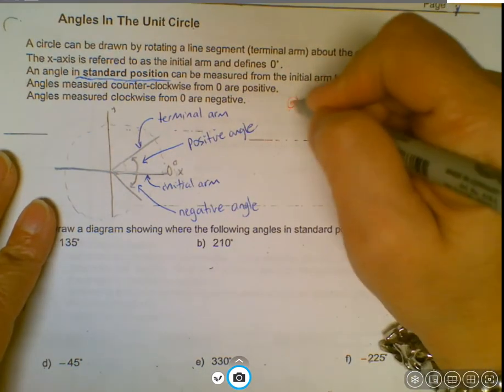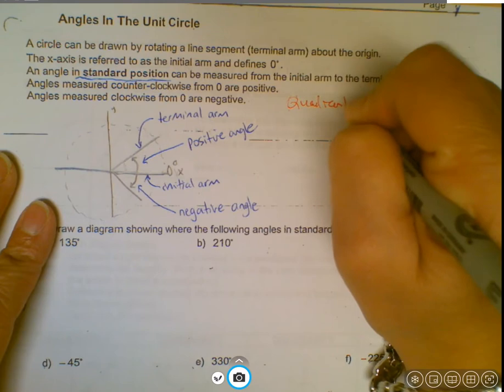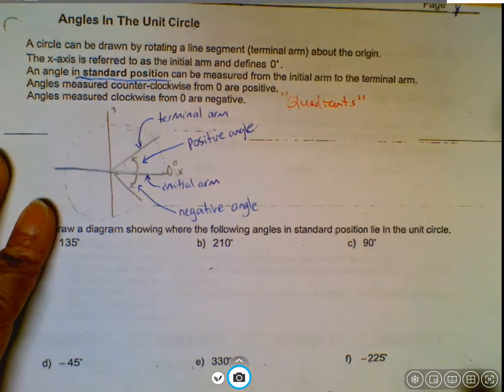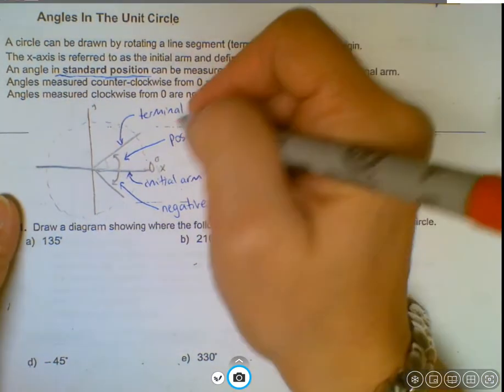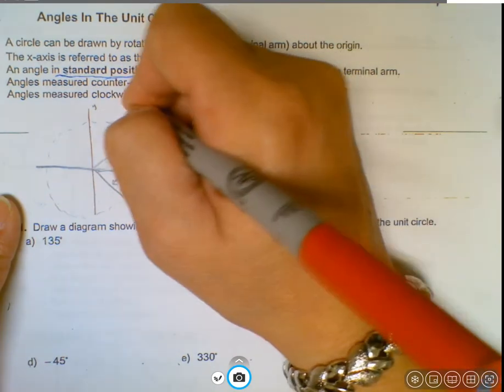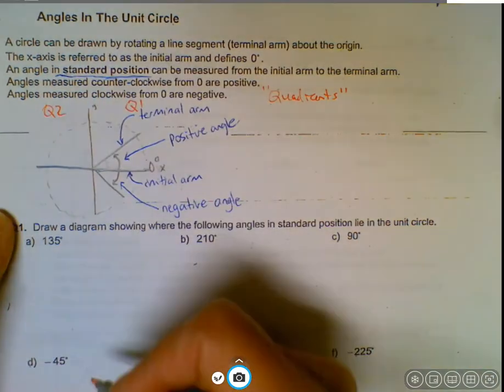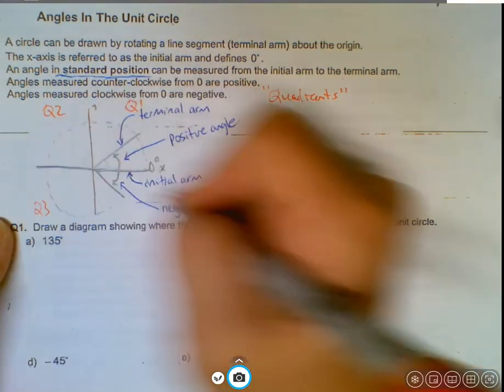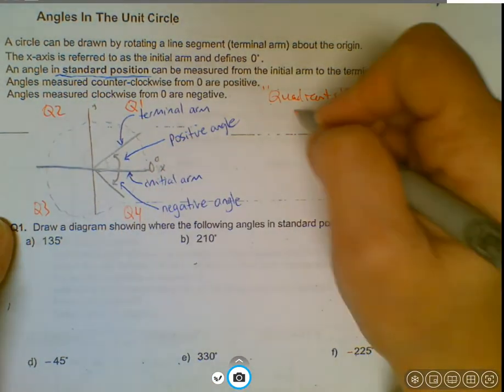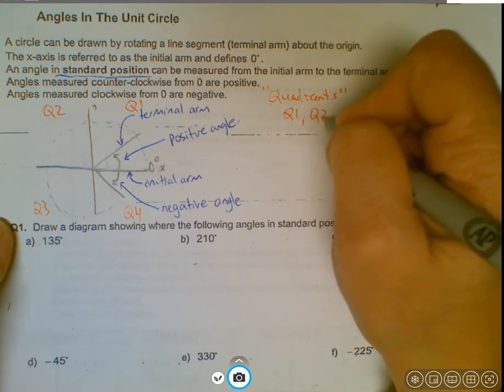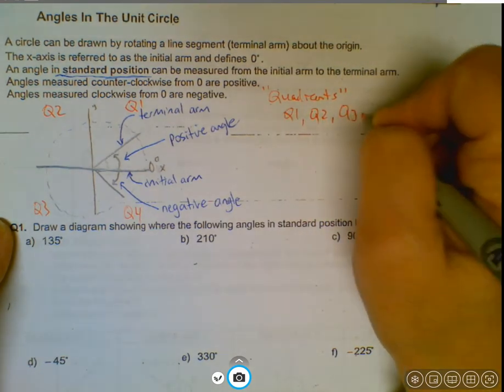And the quadrants are numbered like this. This is quadrant 1, I'll call it Q1. This is Q2. This is Q3. And this is Q4. So these are the quadrants, Q1, Q2, Q3, and Q4.